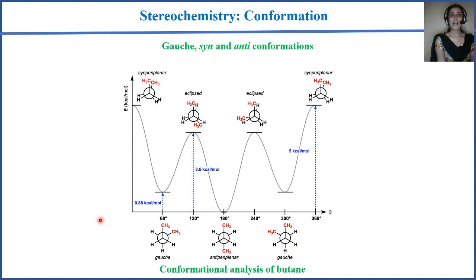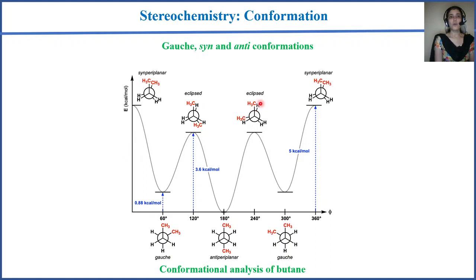Now, gauche, syn and anti-conformation. This is also again some terminology. For this terminology, we would like to draw the potential energy curve of butane. I will teach you the potential energy curve of butane later on in some other class.